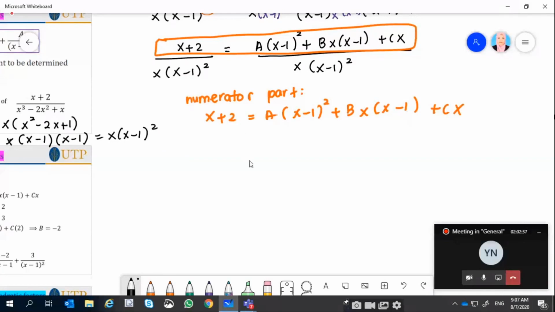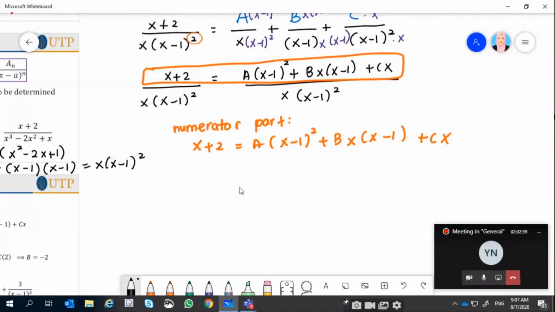Since the first factor is s, for s the root is s equals 0. So I substitute s equals 0 into the numerator part.